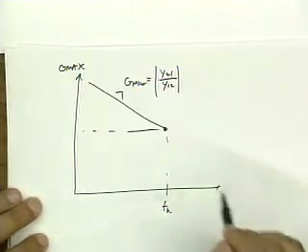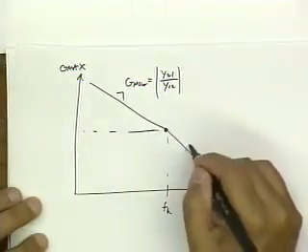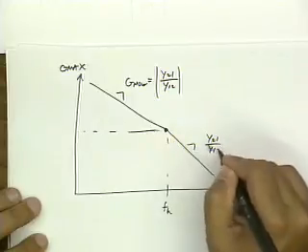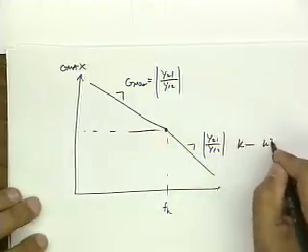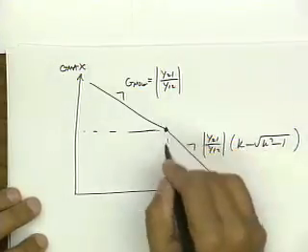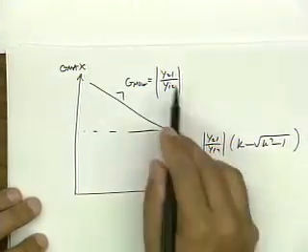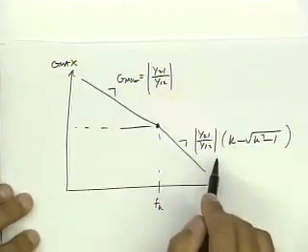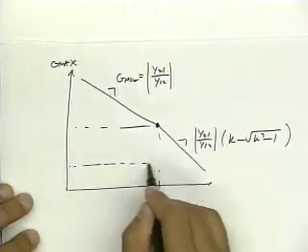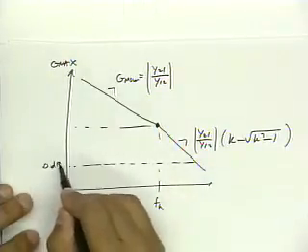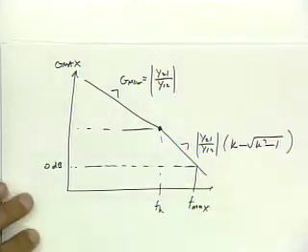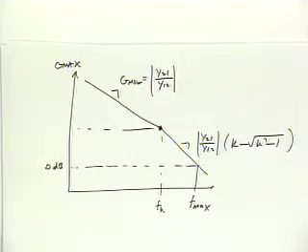There's a unique solution, and we observe a kink in the curve because now we're using y21 over y12 times k minus the square root of k squared minus 1. And of course, these two meet at this point because this expression is, by definition, for k equal to 1. And there'll be some frequency where this crosses 0 dB. That, of course, we define as the maximum frequency, or the Fmax of the device.